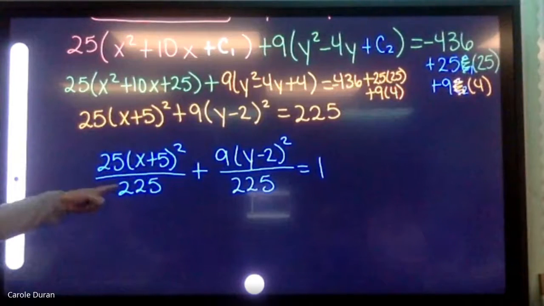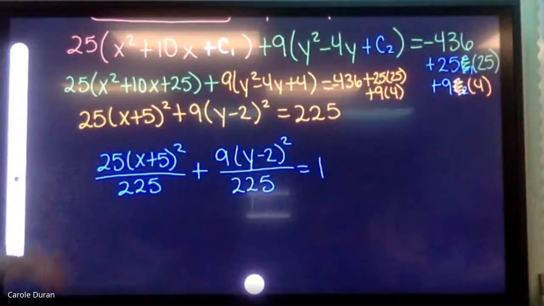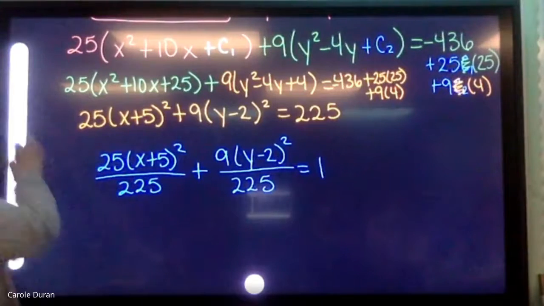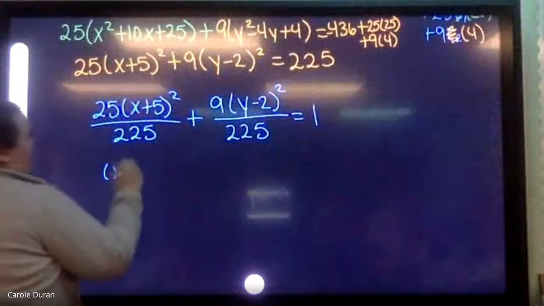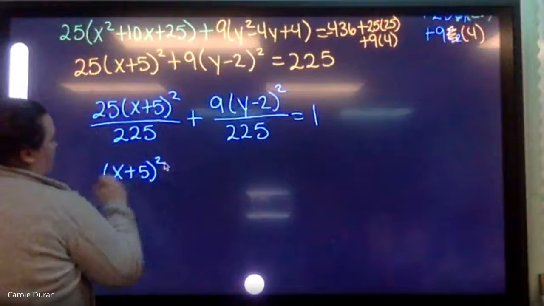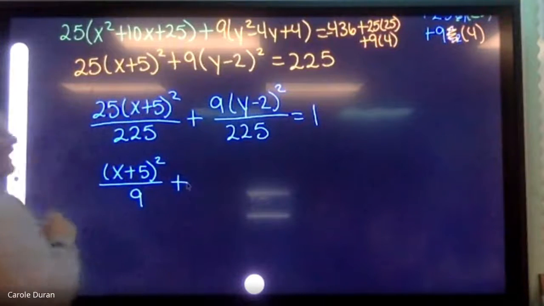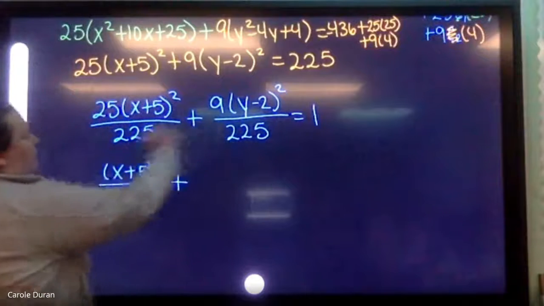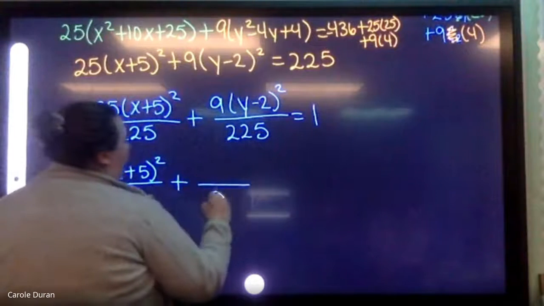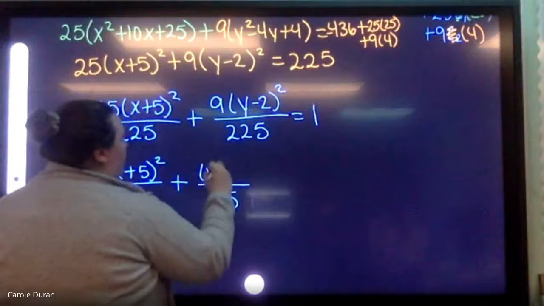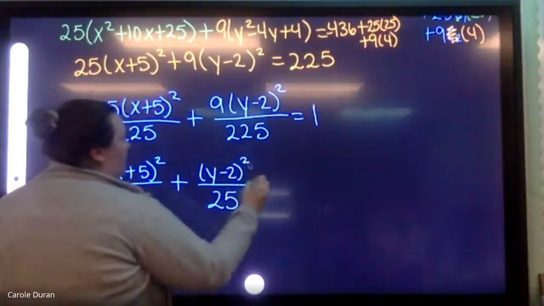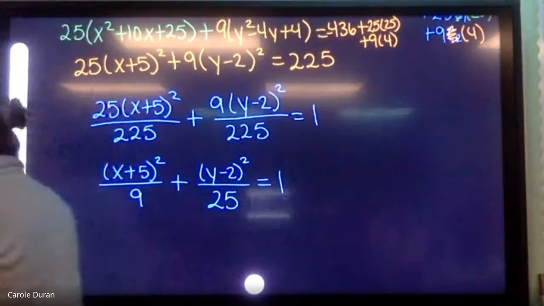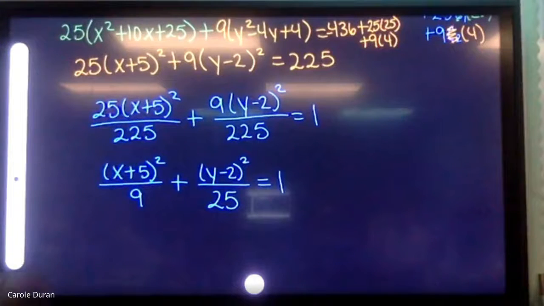So 225, when I divide 25 out of it, leaves me with 9. So this reduces to x plus 5 squared over 9 plus 225 divided by 9 becomes 25. So that's my new denominator with y minus 2 squared in the top, and it is set equal to 1. That is the standard form equation for this ellipse.